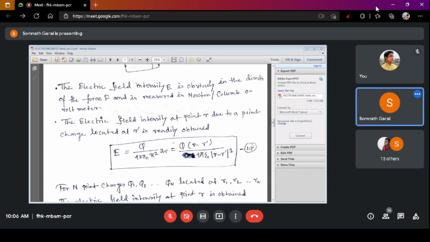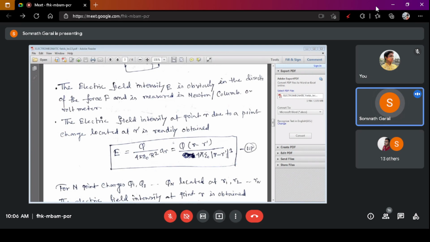The vector AR is equal to capital R minus R dot, because one point has position vector R and another charge has position vector R dot. So the vector will be R minus R dot divided by its modulus.